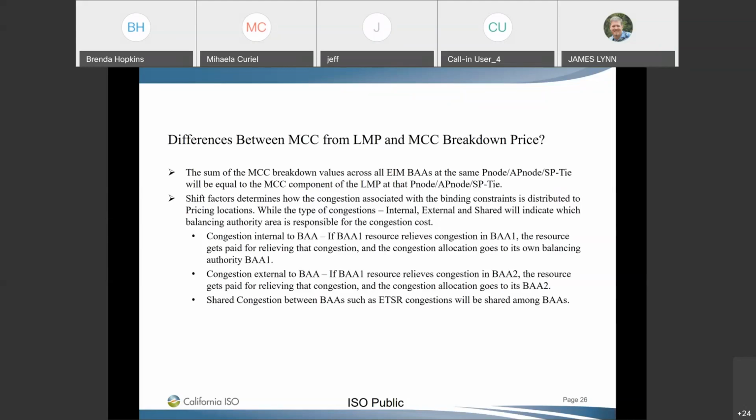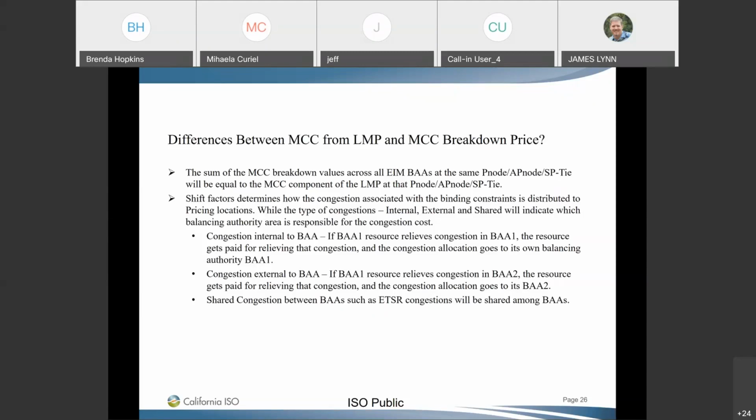So let's say we had $600 of congestion, and that $600 should be shared 50-50. Well, 300 of it winds up in BANC's BA, 300 winds up in Turlock's BA. So this is how we determine who is responsible for that congestion.